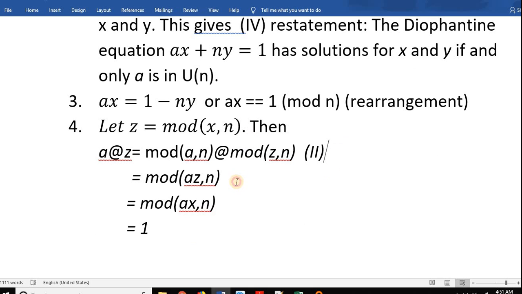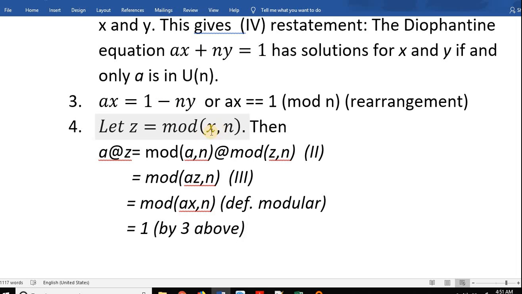And then this one is by 3. And then this one, saying that mod az, n equals mod ax, n, that's by the definition of modular. Right. Okay. And then that's equal to 1 by part 3. All right, so I have a at z equal to 1.